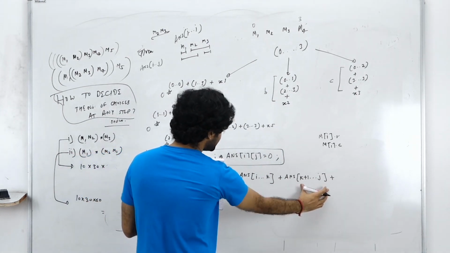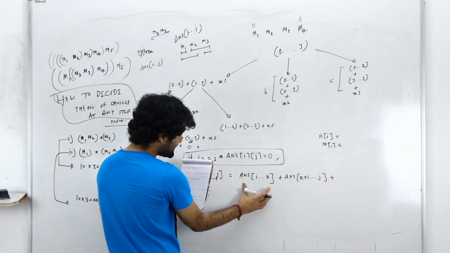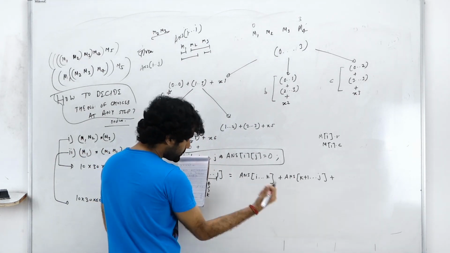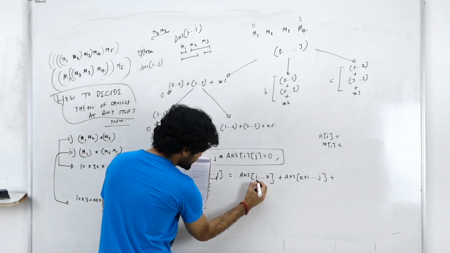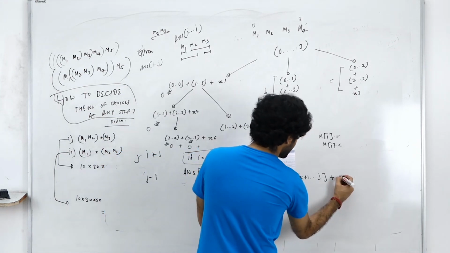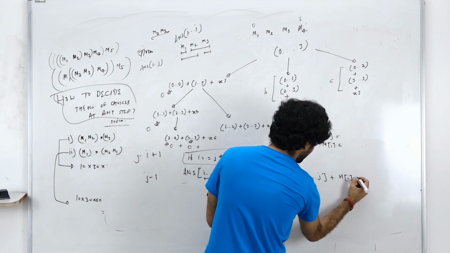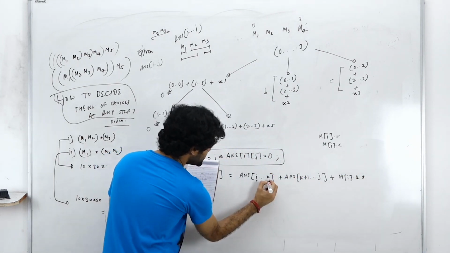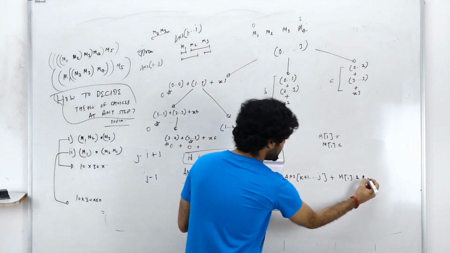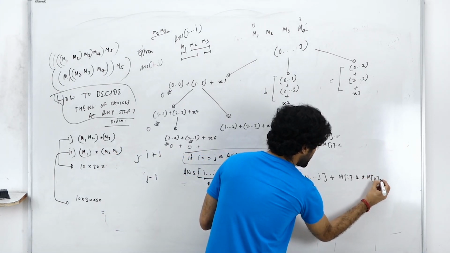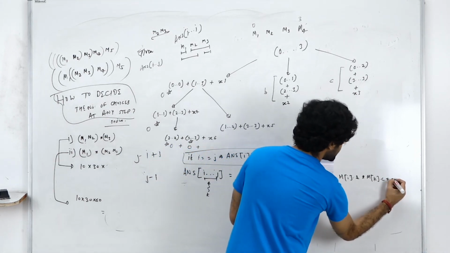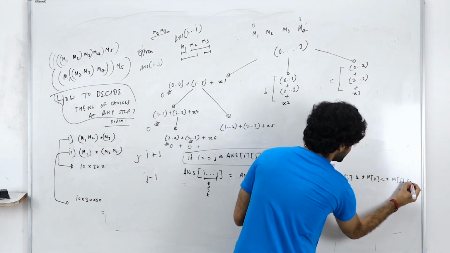And the cost of multiplying this and this will be number of rows in this multiplied by number of columns in this. So basically number of rows in this matrix, ith matrix, so it is mi dot r multiplied by number of columns in this matrix, which is mk dot c, multiplied by number of columns in this matrix, which is mj dot c.